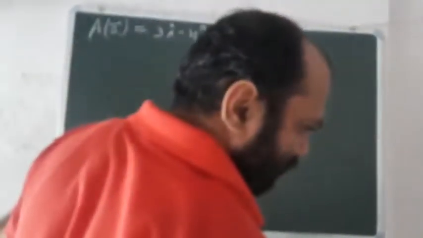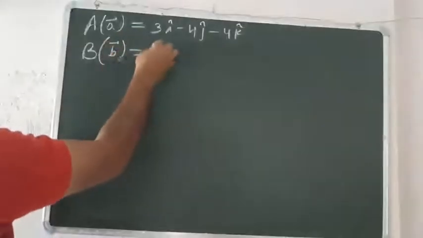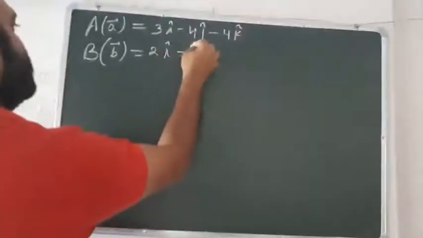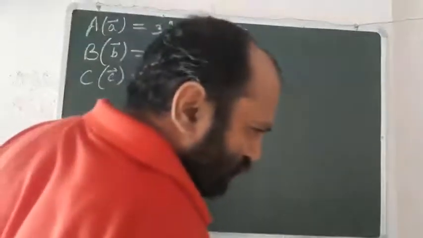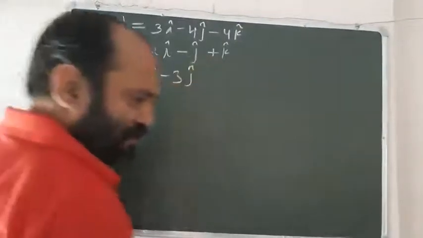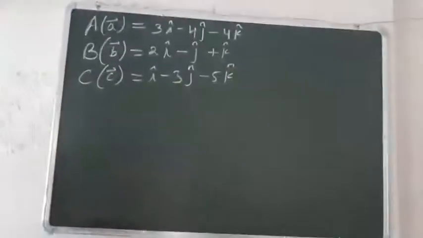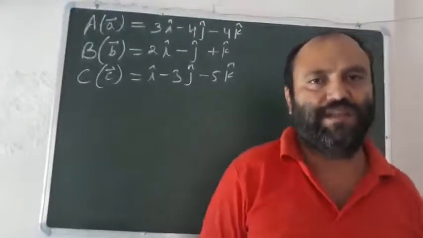Position vector of B is 2 I cap minus j cap plus k cap, and the position vector of C is I cap minus 3 j cap minus 5k cap. These are the three vertices of a triangle. You have to show this is a right angle triangle.